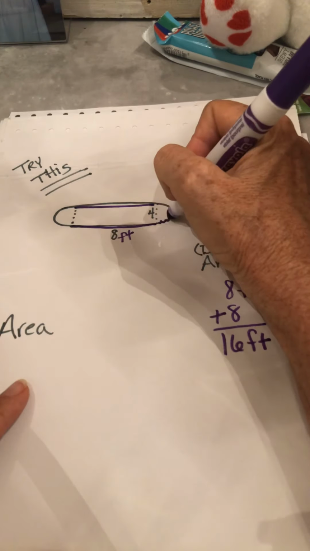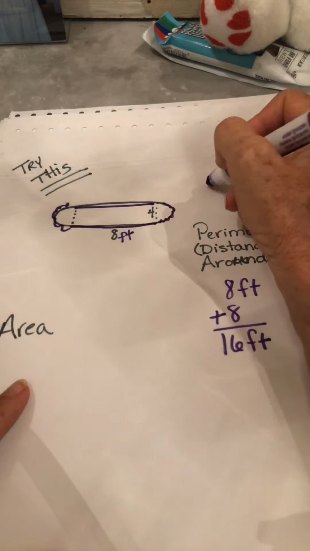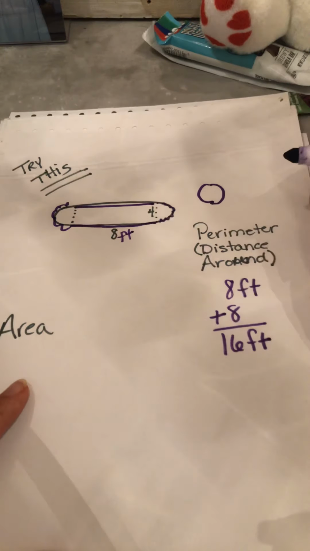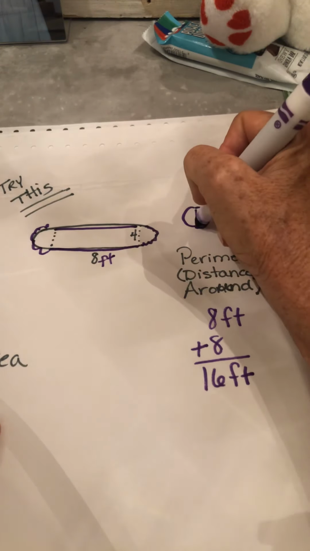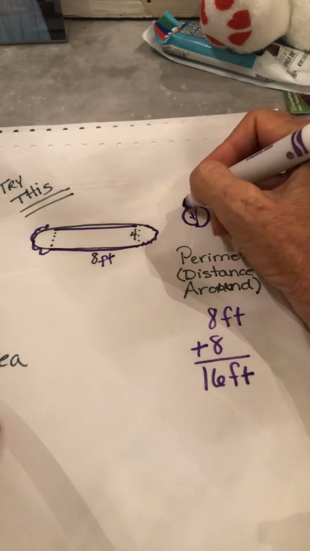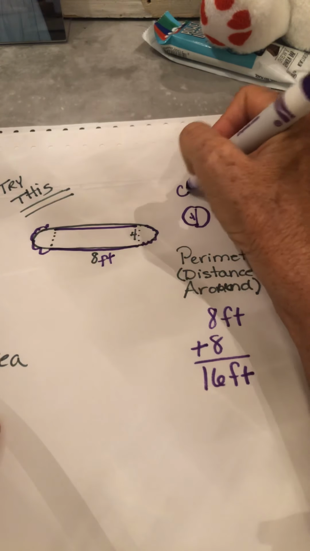But remember, we have this and this. If I put this side and this side together, I have a circle. And what do I have? I have a diameter of 4. When I want to know distance around, that is circumference.